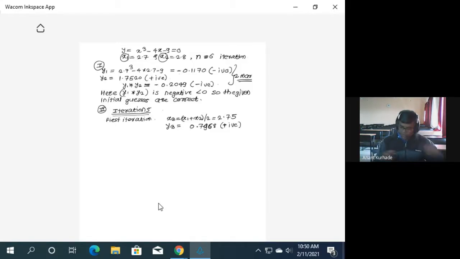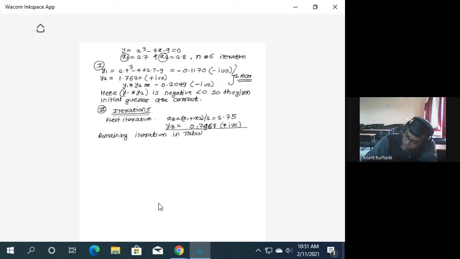Now don't think about the sign of y1, y2, and y3. Now we will directly move towards tabular form. Next, step number 3, you can write there: remaining iterations in tabular form.